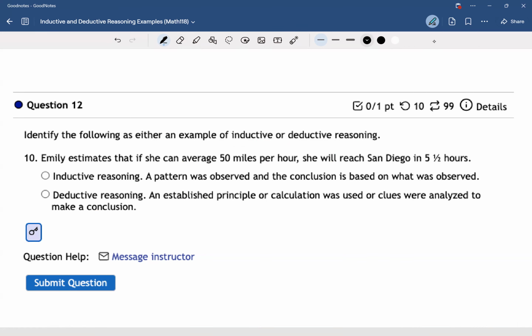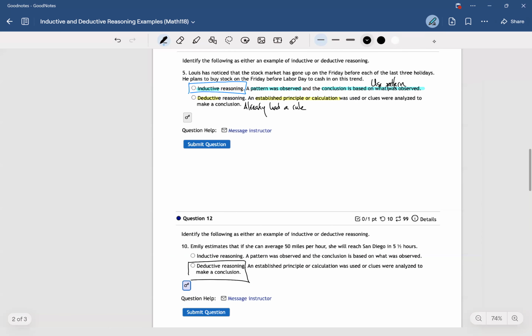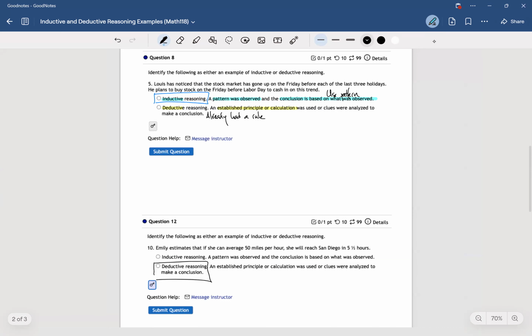She's saying that there's a rule, this average 50 miles per hour that she can drive. And then based on that, she knows how long it might take her to get to San Diego. So this one is an example of deductive reasoning. It's a little bit different from example 8, where we had a pattern that Lewis noticed.